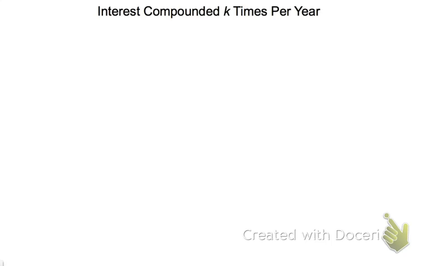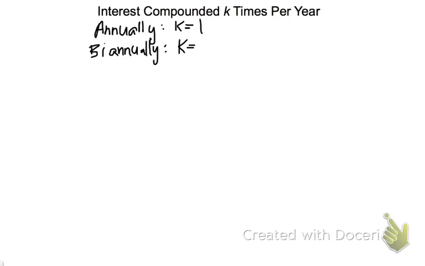To begin with, let's look at the formula for when interest is compounded k times per year. Annually means k equals 1, one time per year. Biannually would be 2 times per year, so k would be 2. Monthly, we would have k equals 12.